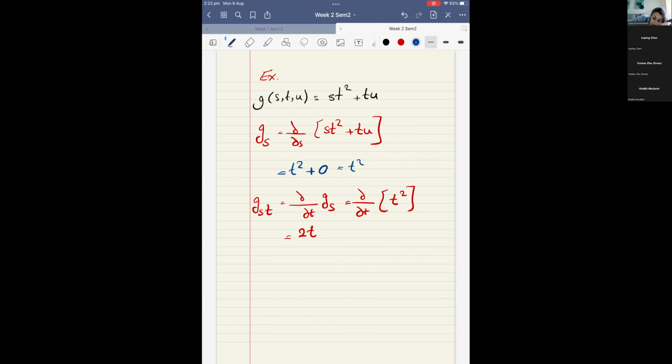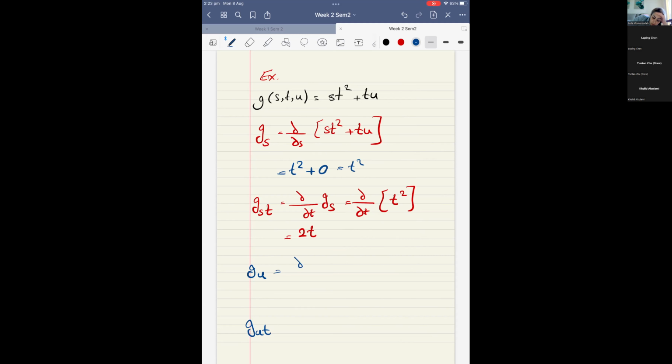Now give me the answer about gu and gut. gu is equal to t, and gut is 1, exactly, perfect.